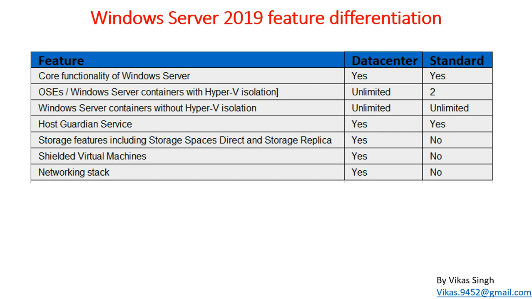If you really require Datacenter edition, then go for Datacenter edition, because it's higher cost-wise. If you don't require such advanced features, you can simply buy Standard edition, and you will get all the core functionality of Windows Server on that also. So you need to think twice before buying, about which edition you need to buy.